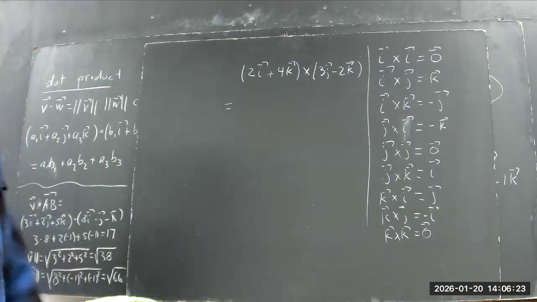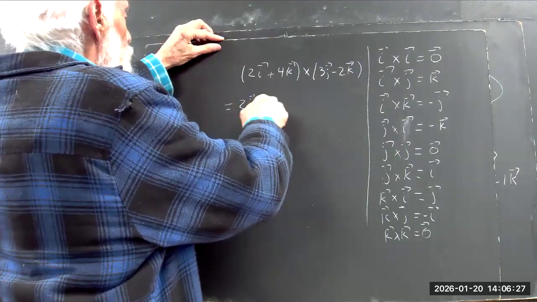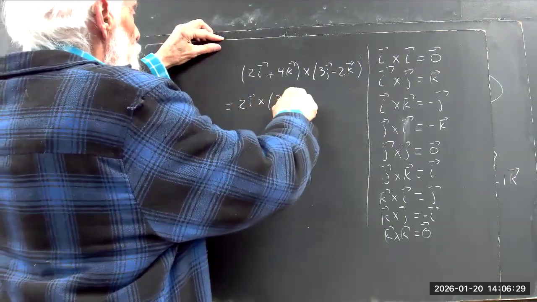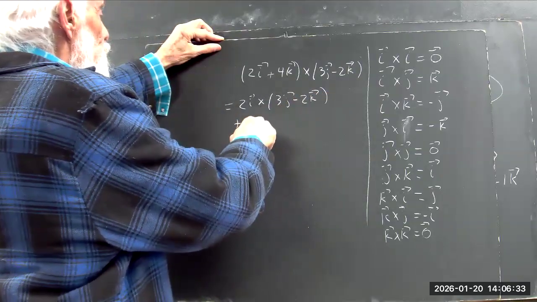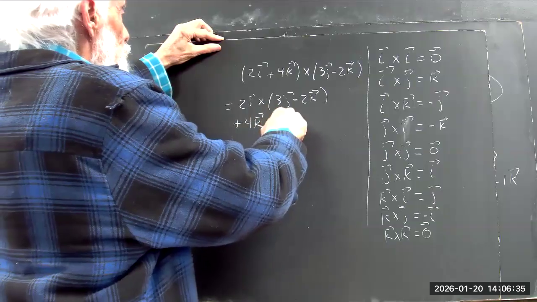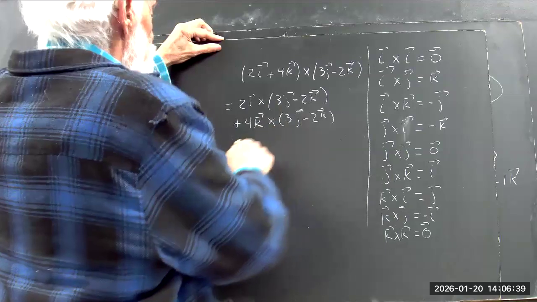Means that this is 2I cross 3J minus 2K, plus 4K cross 3J minus 2K.